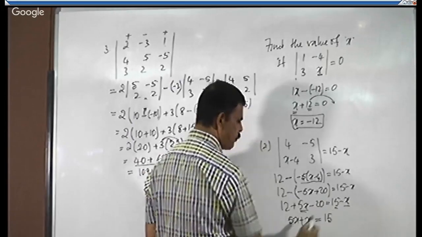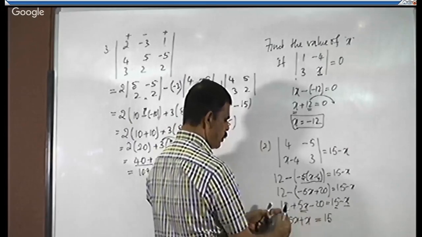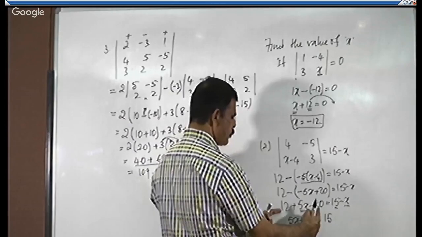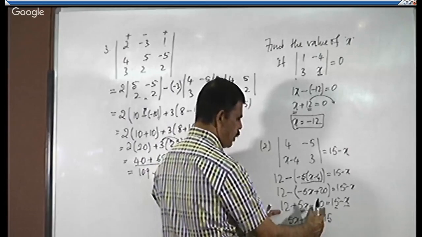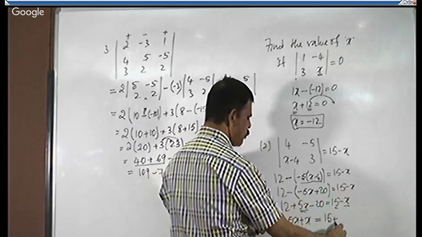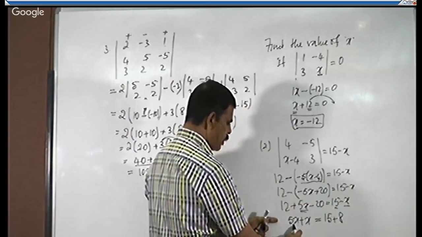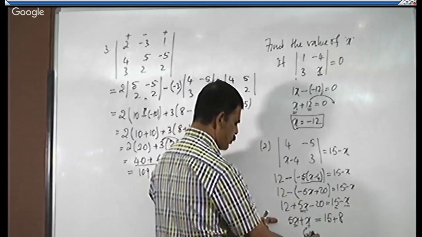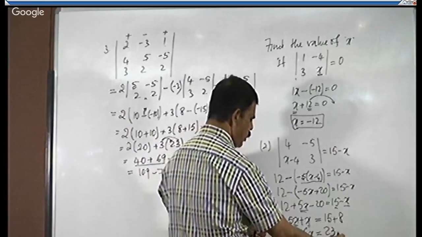Okay, write it first, 15. The other constant at the left side, you take the simplification. This is plus 12. This is minus 20. How much is it? It is minus 8. Okay, 12 minus 20 is minus 8. When minus 8 is transferred to the right side, it will become plus 8. Now, 5x plus x, both are x terms, we can add them. 5x plus x is 6x is equal to 15 plus 8, it is 23.